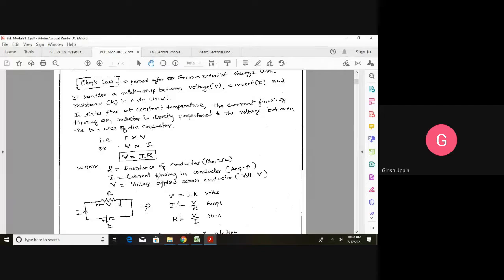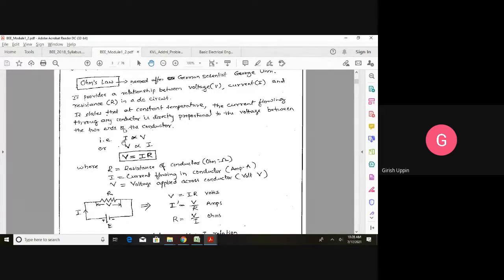Very important: the current flowing through the conductor is directly proportional to the voltage, not the other way. In exams I have seen many people reverse this order. Remember, at constant temperature, the current flowing is directly proportional to the voltage applied across that conductor.